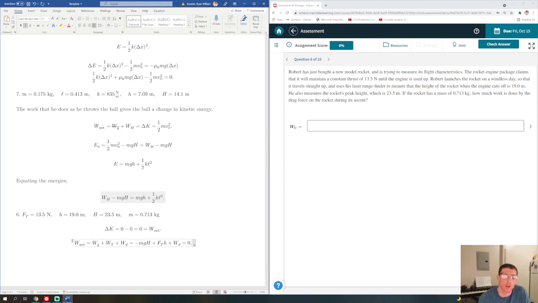And so the equation that we want to solve is just this. And as Connor said, we should find when we do this that the work done by the drag force is a negative number, because the drag force always opposes the velocity of the object.